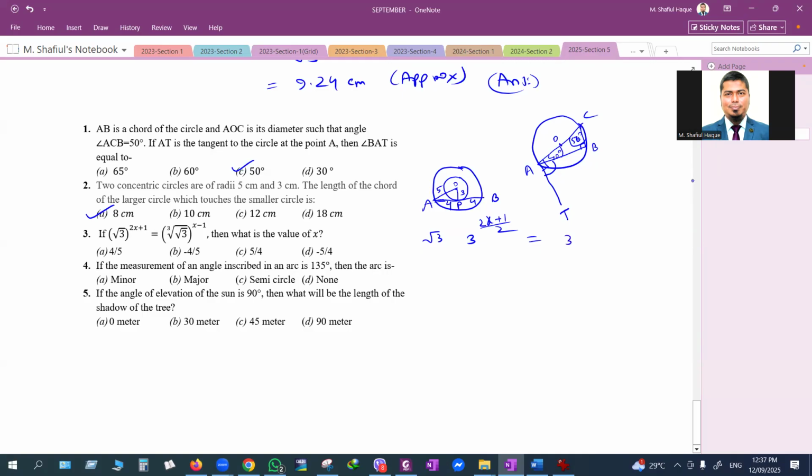So 3 to the power x minus 1, it will be 3 into 2, because 1 by 3, then 1 by 2. So 3 into 2, the power. So it is 2 to the power 2x plus 1, sorry, 2, and x minus 1 by 6. So it is 2x plus 2 is equal to x minus 1 by 6.